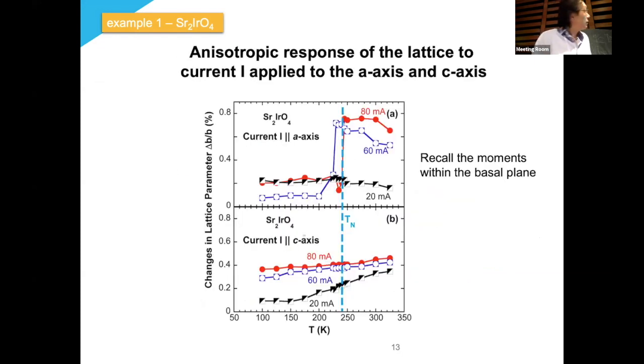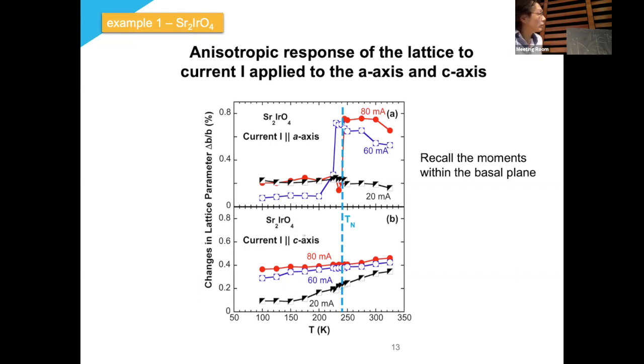We want to make sure everything is right, so we also did more current measurements. This time we made sure that current is applied along the A-axis, and we measured the A-axis expansion. This expansion happens around 240 Kelvin.